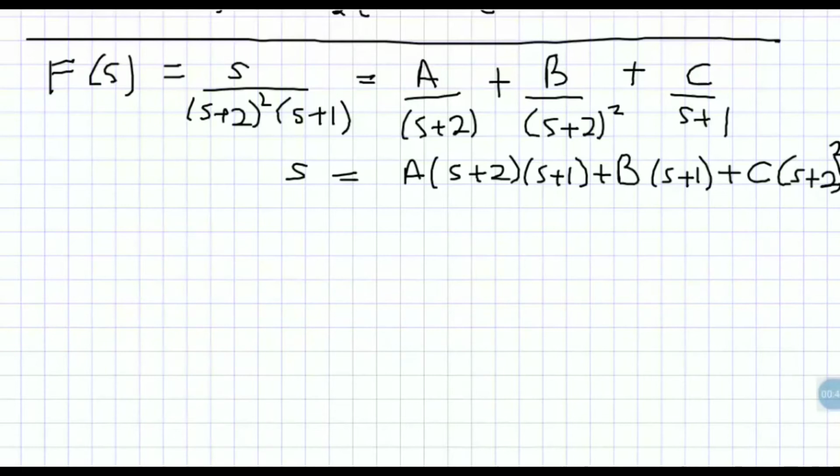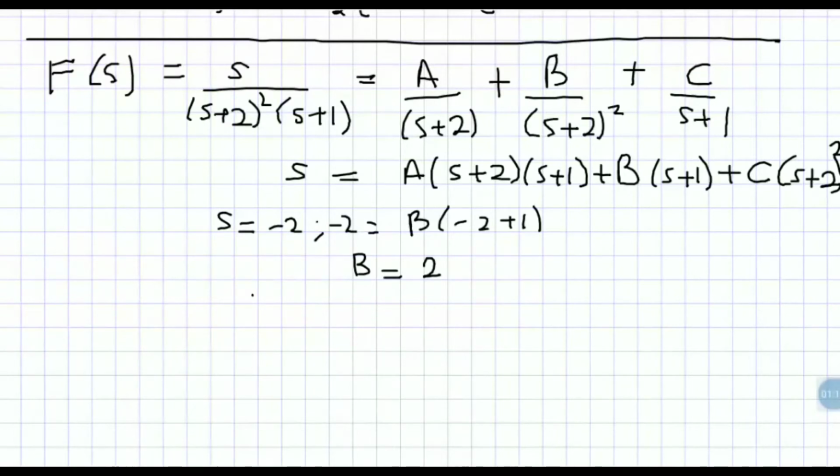So by trial and error, s equals minus 2. So minus 2 equals, this term A will become 0, this term will become 0, and this term will become 0, which leaves you with B(minus 2 plus 1). That will give you B equals 2.